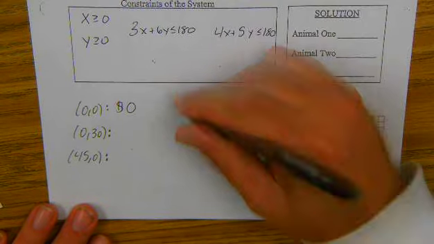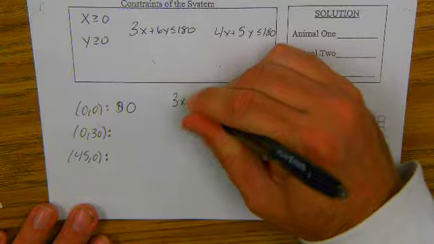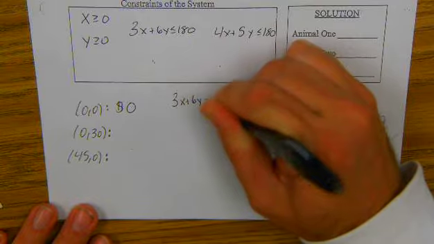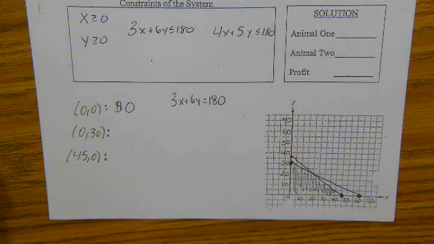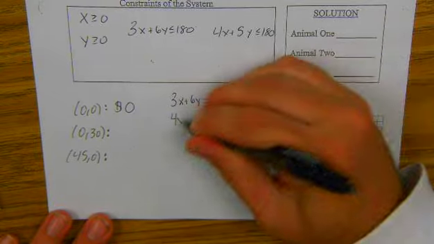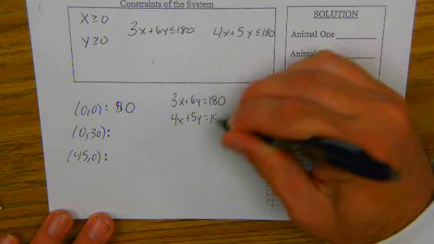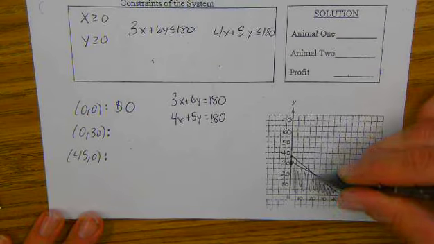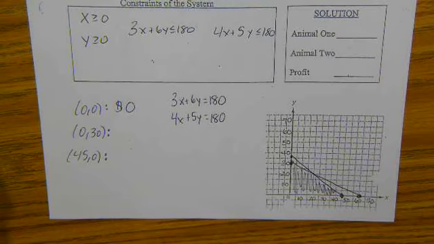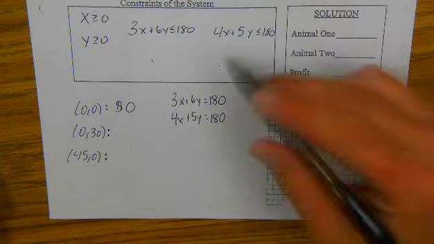If one of them is 3x plus 6y equals 180, I'm forgetting about the inequality. I'm just putting an equal sign there because I just want to know the one point where these two lines cross. And so I could just use substitution or elimination to do this. Probably elimination, right?